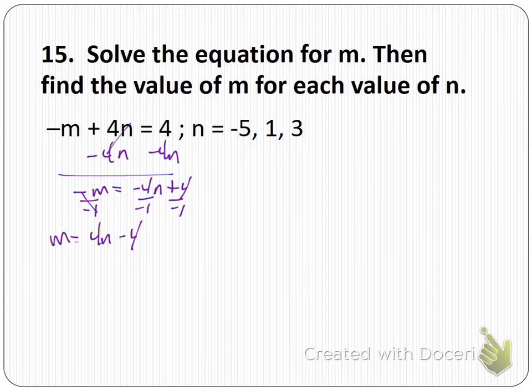Okay, so your formula should be m equals 4n minus 4. Right? So now we're going to take this equation and 3 times we're going to plug in something different for n. So 4 times negative 5 first. We get negative 20 minus 4.